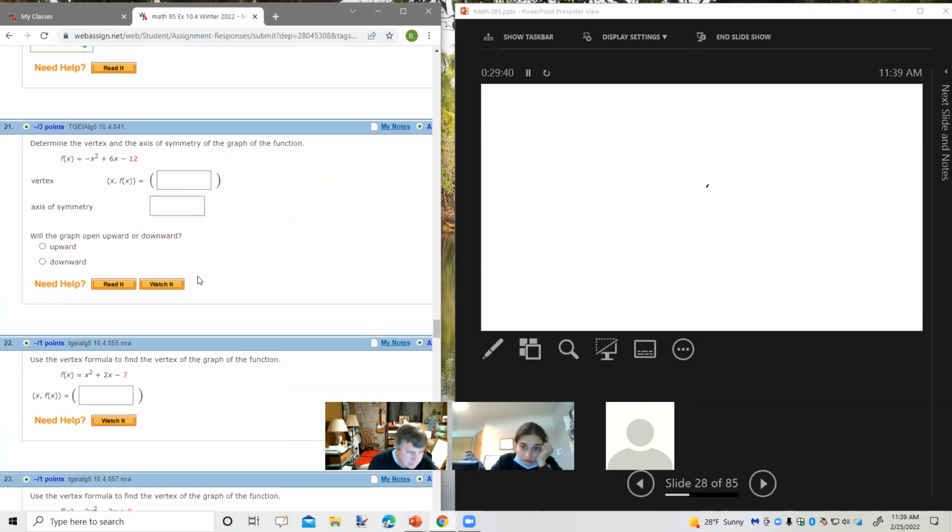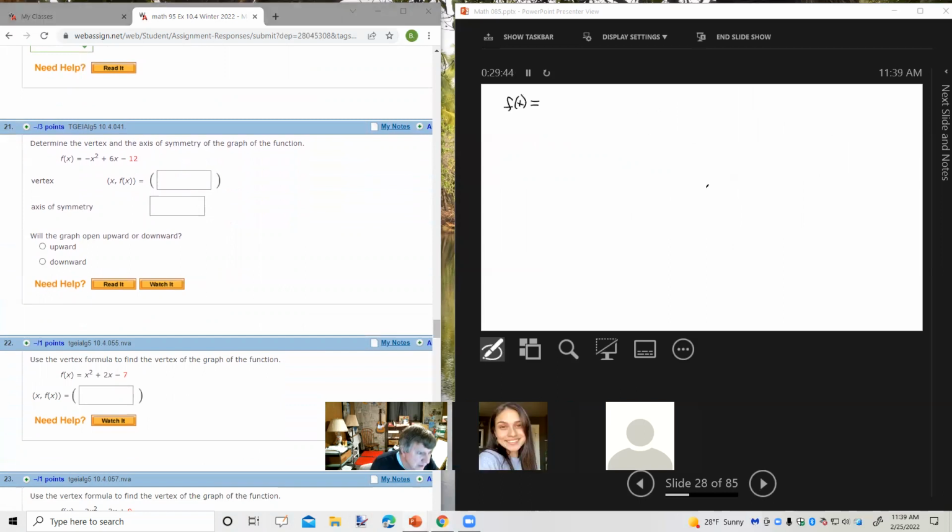Yeah, we'll do 21. Okay, so we've got f of x equals negative x squared plus 6x minus 12. So a is negative 1, b is 6, and c is negative 12.